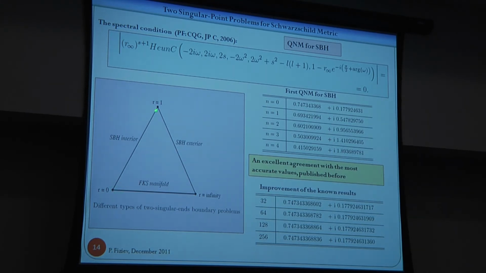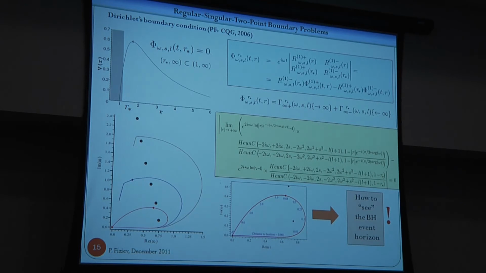Here we have precisely the standard black hole solution in the outer domain of the Schwarzschild solution, but we can consider the interior waves of different spin for the Schwarzschild black hole, or we can consider Kruskal-Szekeres coordinates and consider a new boundary problem with one singular point at zero, r equals 0, and another one at r infinity. And we can produce different spectra.